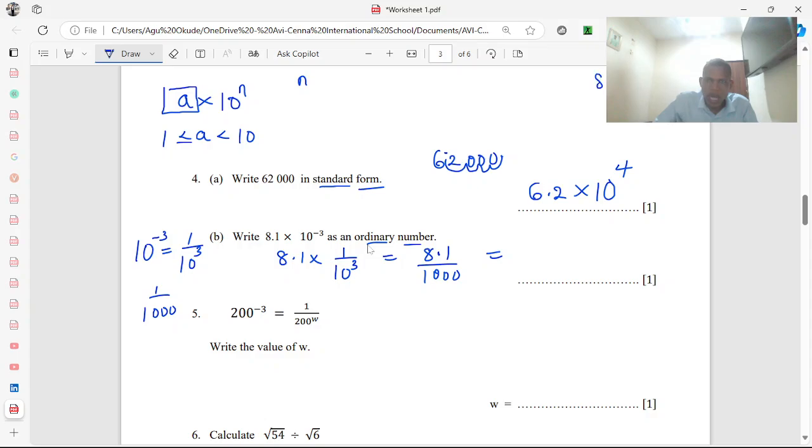So which means I'm dividing 8.1 by 1000, so I'm going to move my decimal point backward 3 times.